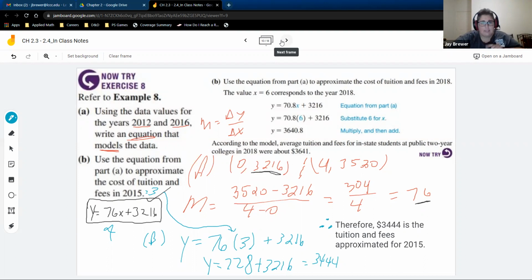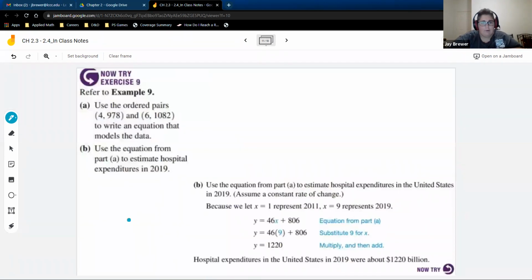Any questions on that stuff, you can email me. We do have one more example for application. I'm going to go ahead and do it with you. So for A, again, we're looking for slope. They give us our two points. We have to find slope first so we can write the model out.